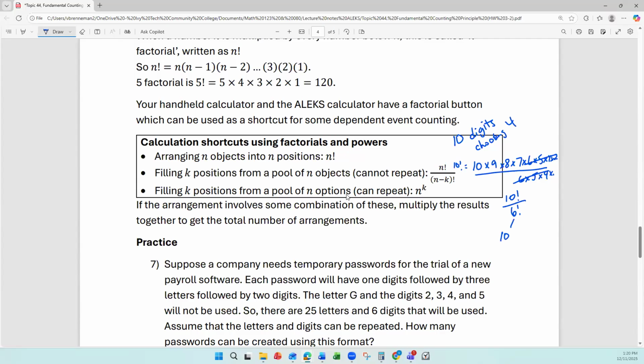The 6 comes from taking 10 minus 4. So a little bit to learn, but if you're comfortable learning that sort of thing, it can give you a bit of a shortcut for the calculations. And then that's if they cannot repeat. If they can repeat, then it's going to be the number of options to the power of the number of positions that they're filling. And then any combination of those you multiply.